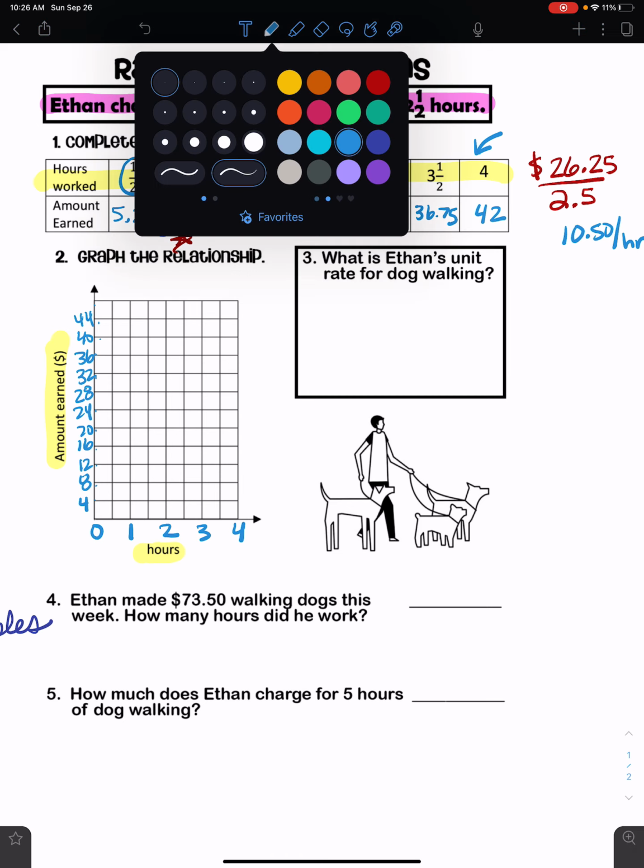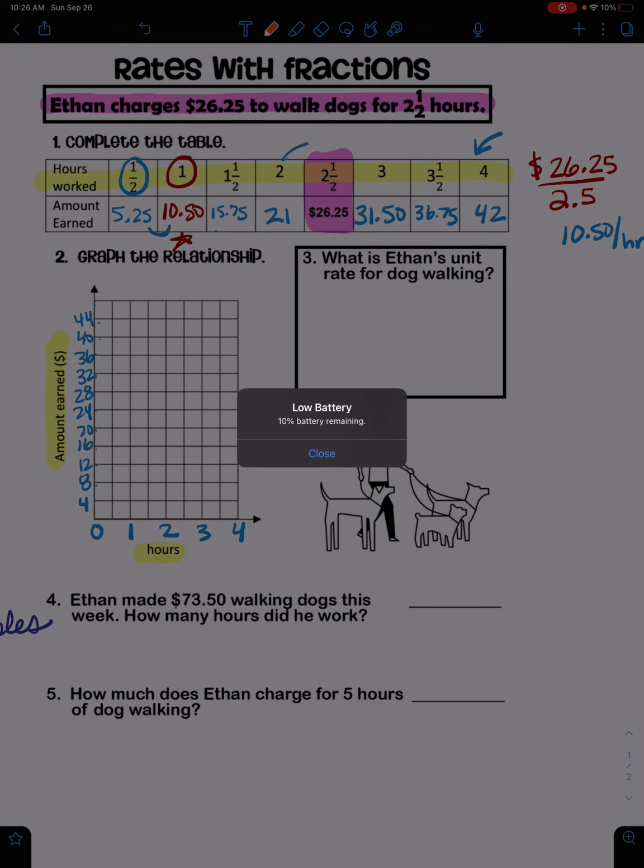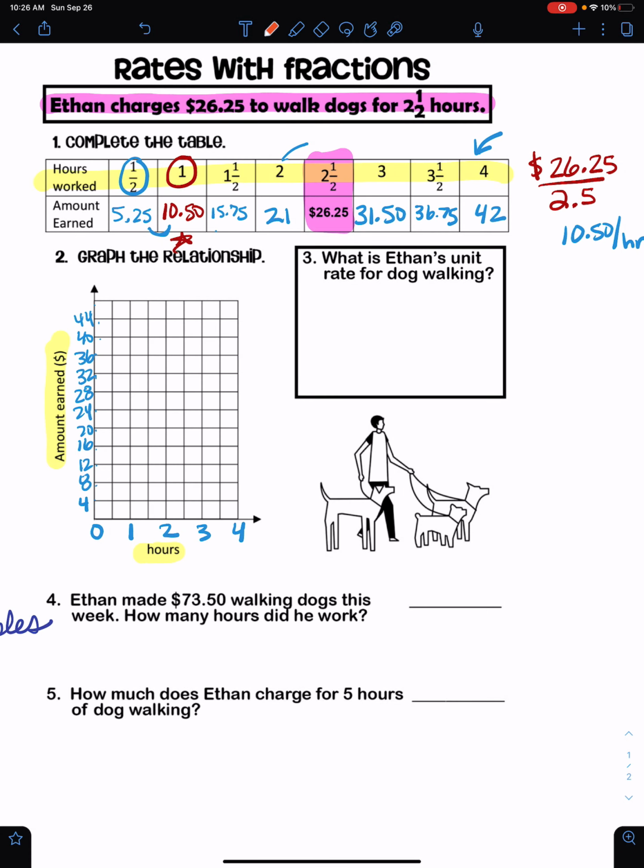All right, let's start putting the points on. So of course, 0 hours of dog walking will earn Ethan $0. But a half hour will earn him $5.25. It's about right there. 1 hour is a little more than 10.